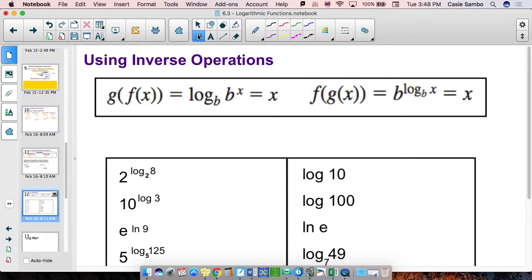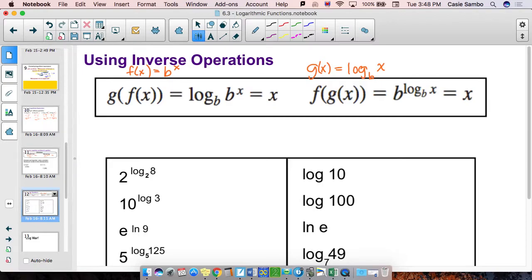I would recommend writing at the very top of that box that f of x equals b to the x and g of x equals log base b of x. So if those are our functions, we know that they're inverses already. We've already talked about how exponential and logarithmic functions are inverses. We talked about it in the same way that the square root of x and x squared are inverses.